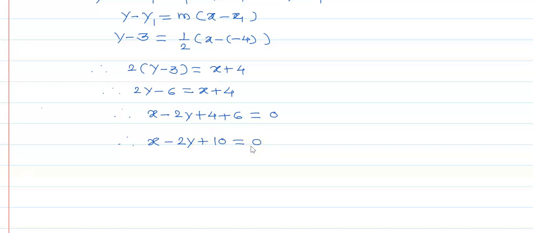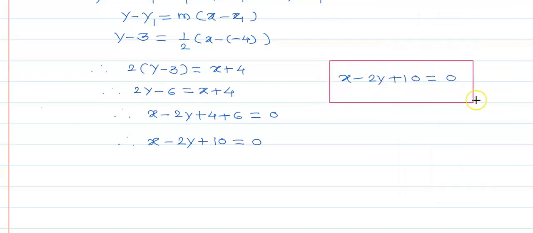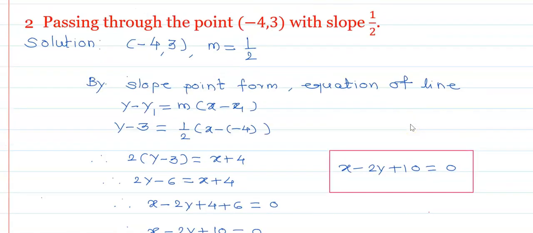Okay, x minus 2y plus 10 equals 0 is the answer. You can see this again: using the slope point form, the point is (minus 4, 3) and the value of m is 1 upon 2.